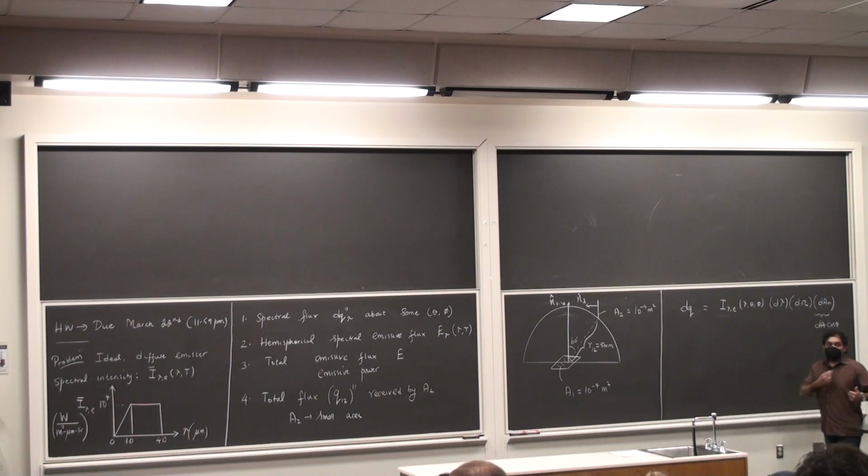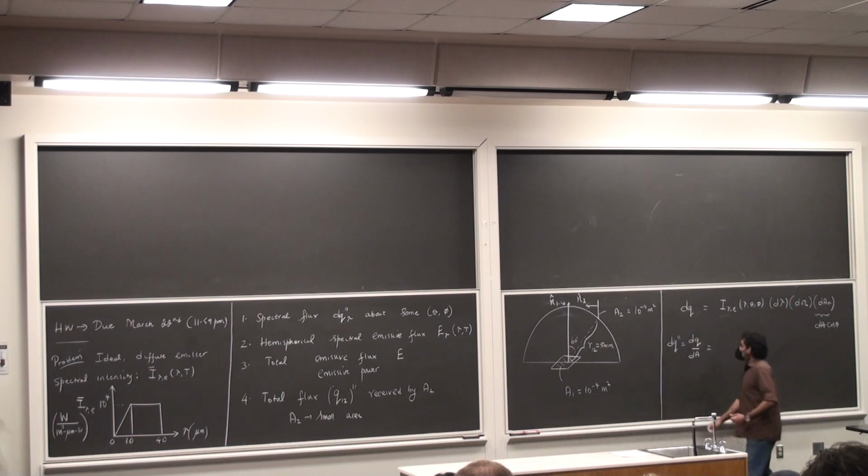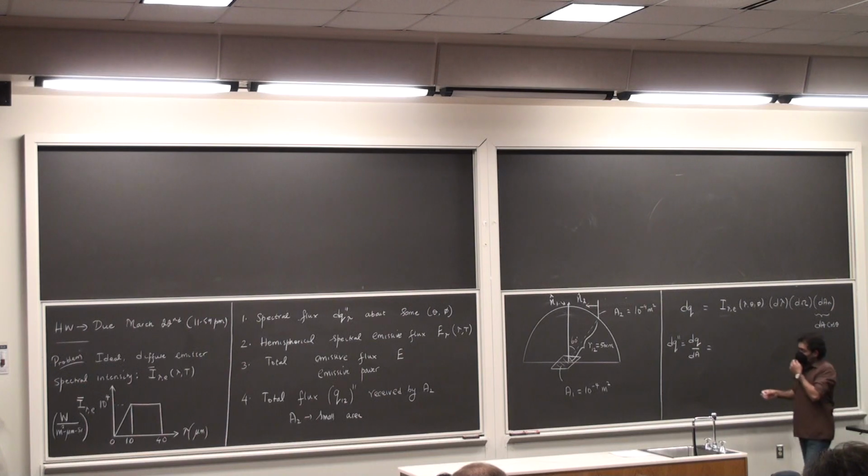I'm going to do the following. dA cosine theta, I'm going to bring this dA and divide through there, and I get the flux. So dq double prime is dq by dA. I'm interested in everything happening throughout the hemisphere, so I'm going to write the solid angle as sine theta d theta d phi.